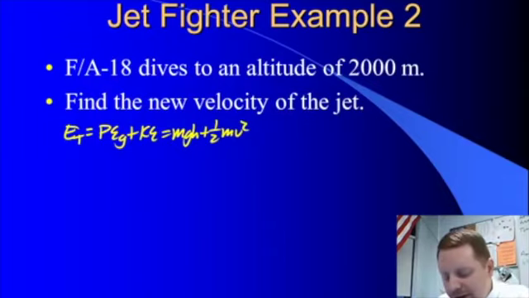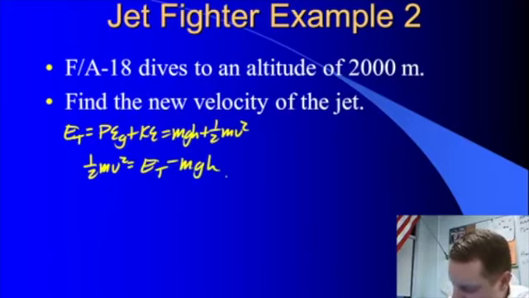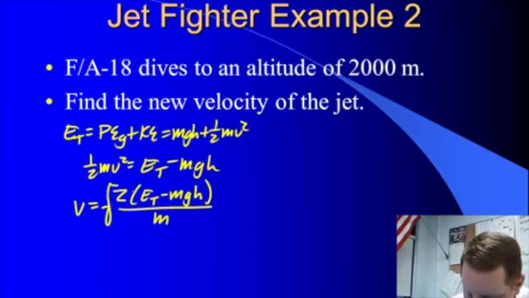If we're looking for its velocity at the new altitude, though, we can solve for velocity by saying 1/2 mv squared equals the total energy minus mgh, or getting v by itself, velocity is going to be equal to 2 times the total energy minus mgh, all divided by the mass, and we take the square root of that whole thing.